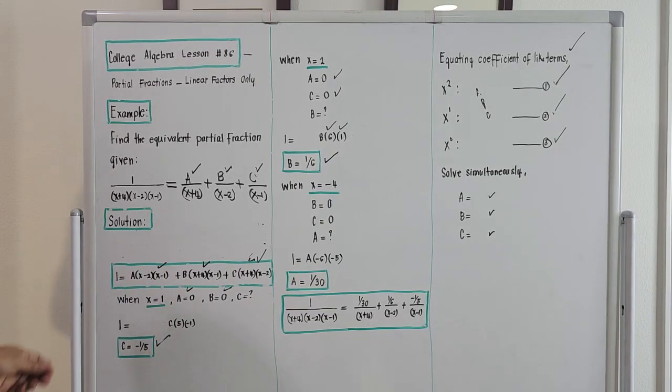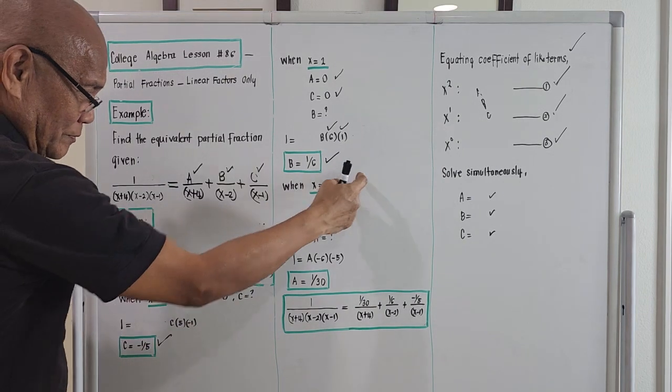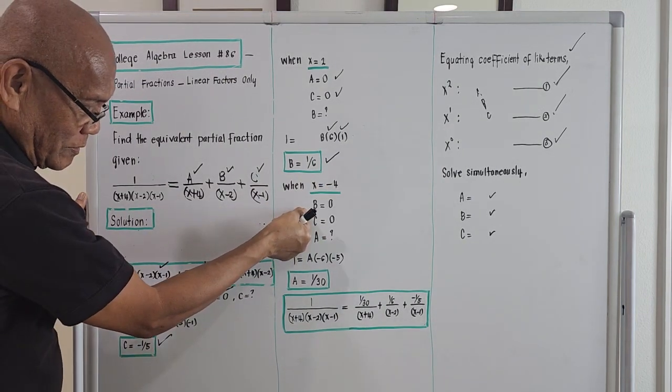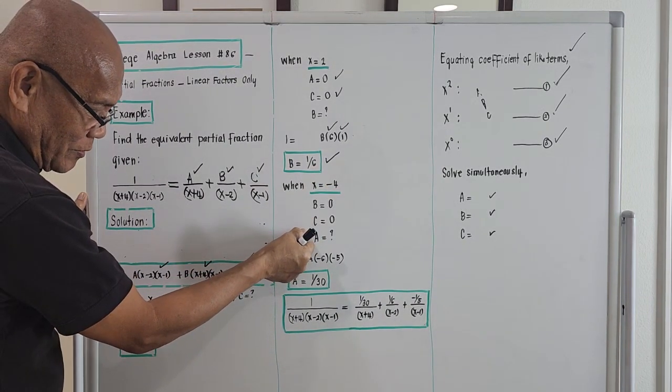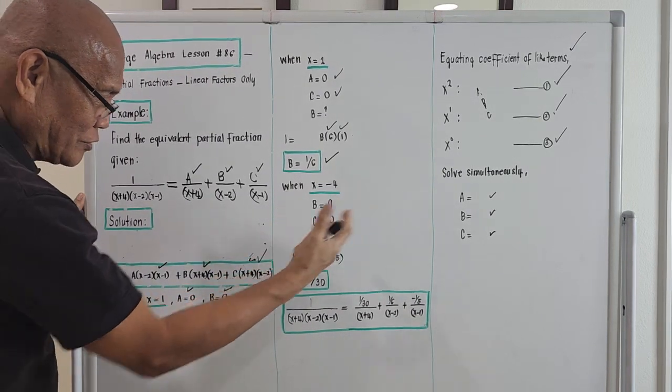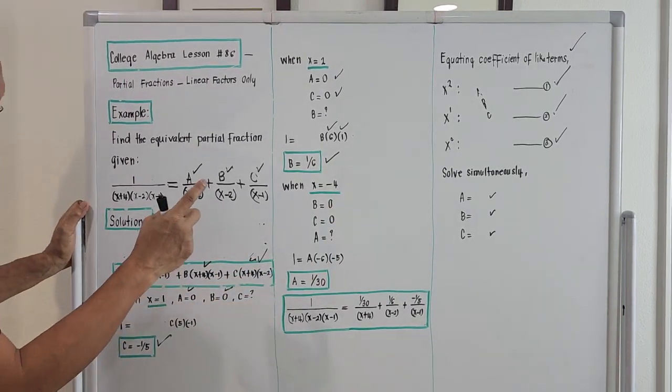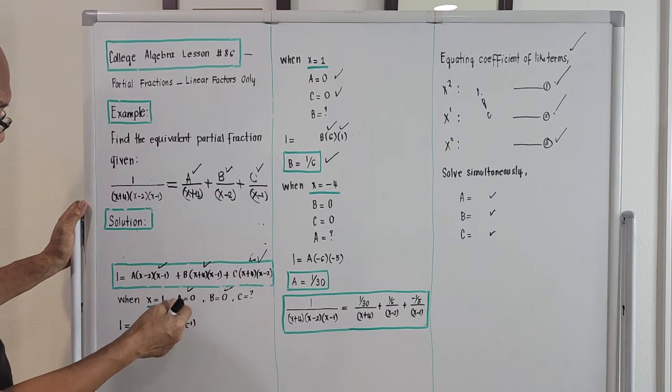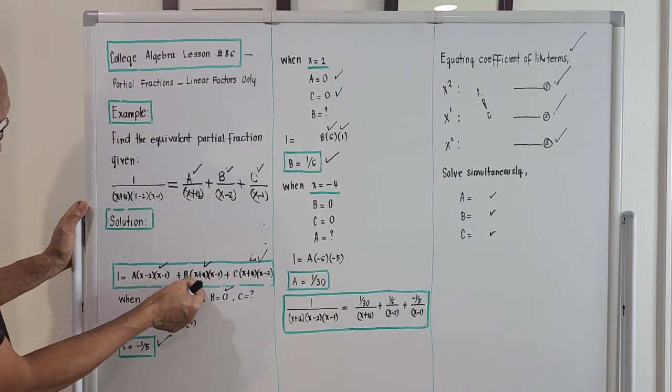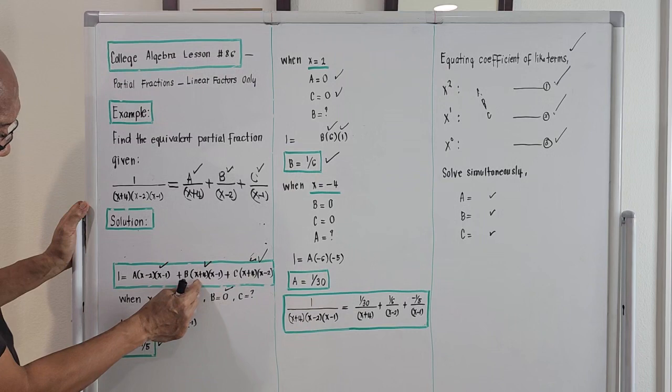Okay. Last one. When x is equal to negative 4, b will be 0, c will be 0, we could compute for a. How is that so? When x is equal to negative 4, this will become negative 4 plus 4. This will be 0, right?